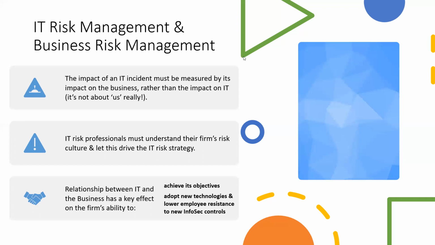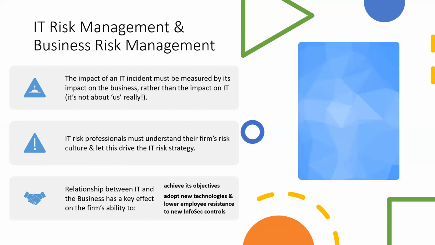The relationship between IT and the business has a major impact on the firm's ability to achieve its objectives. Remember, we've said that this is about supporting the business to achieve its objectives and goals.